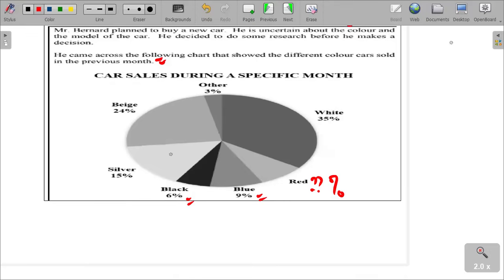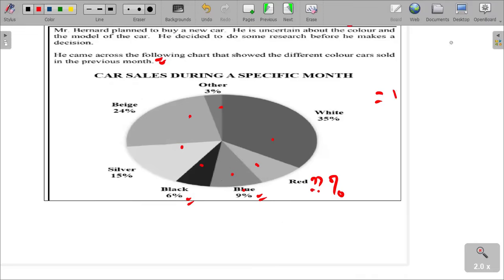Before we go anywhere, we have 7 colors. So our total percentage, we must add all these. We add all the colors of the cars, and then we need to know what the percentage of red is.